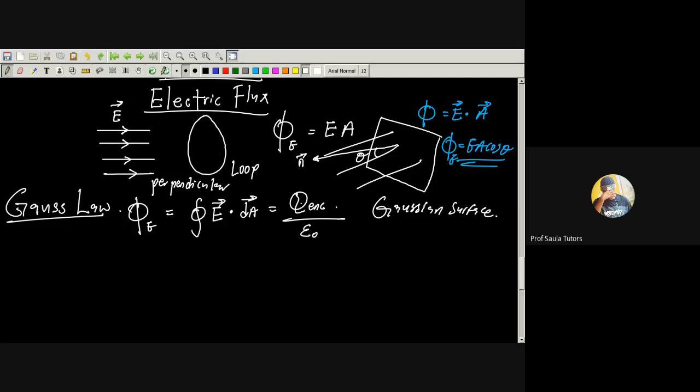Now, pay attention. Let us now look at where we can apply Gauss law in a spherically symmetrical charge distribution.